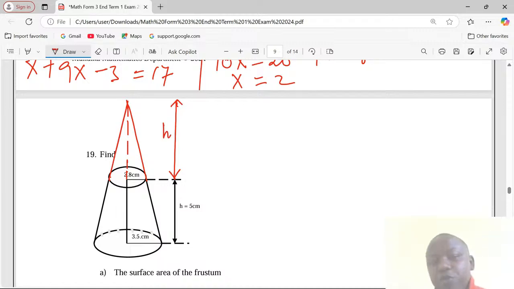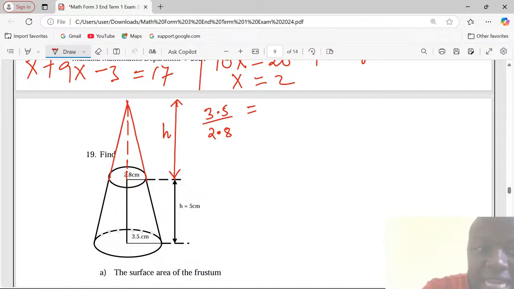Remember, there is the small cone which was cut off, and according to similarities and enlargements, we can just find the missing height. Both radius and height are one-dimensional measurements, which means they give us linear scale factor. So the ratio of the radii 3.5 and 2.8 should also be the same as the ratio of the heights.